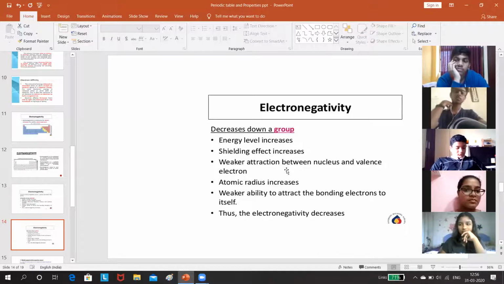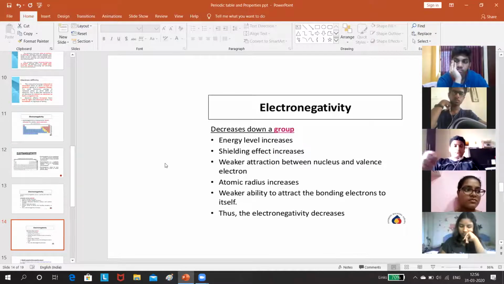Are you able to follow? I'm not understanding the difference between electronegativity and electron affinity. Electron affinity is for a single atom.